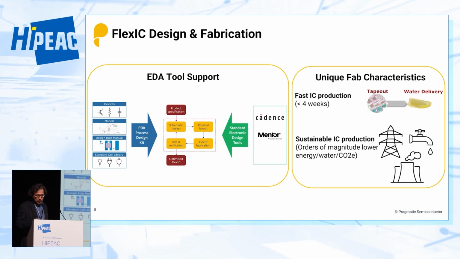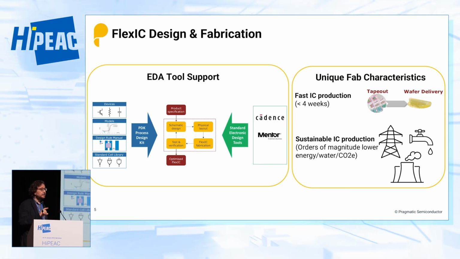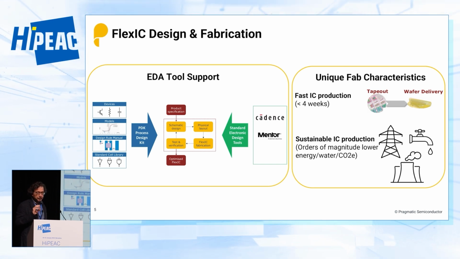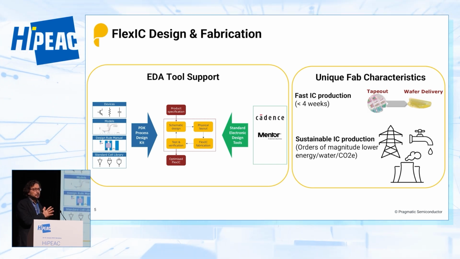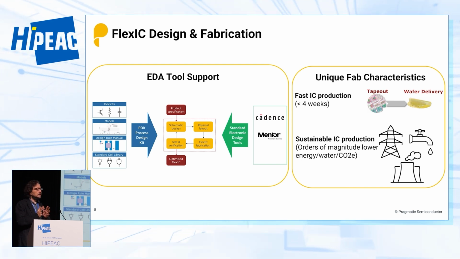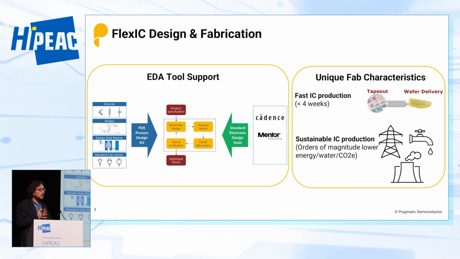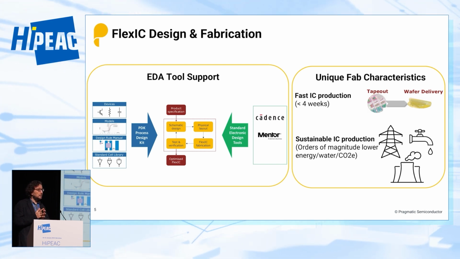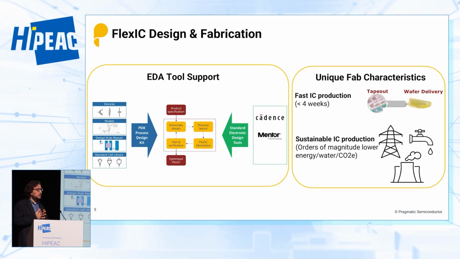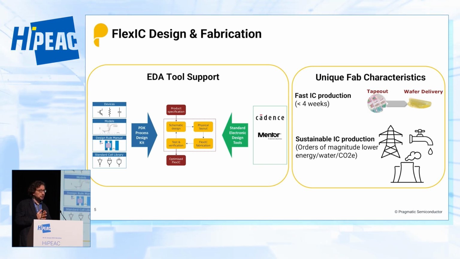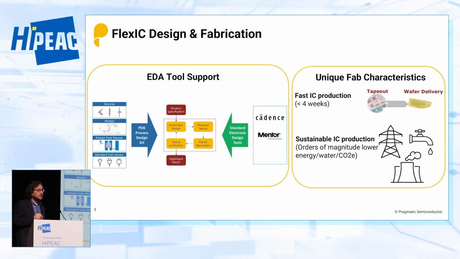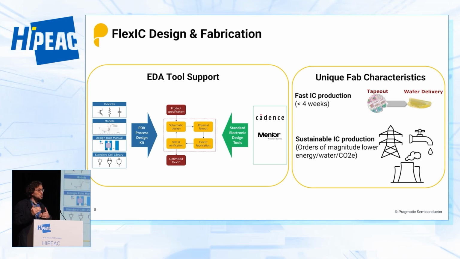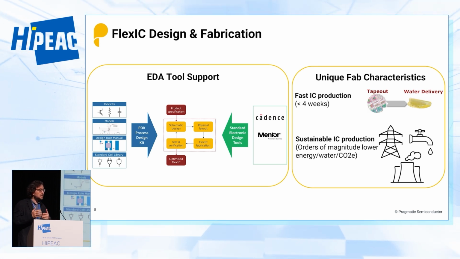On the fabrication side, we are different. Most of you know that if you tape out today in the silicon world, it will take months to get your chips, maybe 6 to 9 months, depending on how much of a priority customer you are to the foundry. In our technology, it takes less than 4 weeks, and we have plans to reduce that to 2 days. This is a game changer.